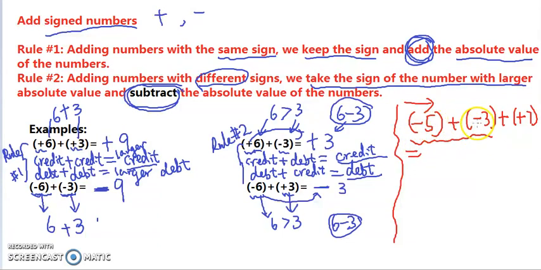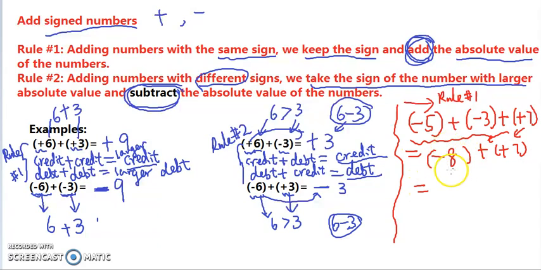and because they have the same sign, I'm going to use rule number 1, which says same sign, we're going to keep the sign minus and add 5 and 3, that's 8. So we get negative 8 plus, we're gonna copy the second operation plus, and the third number positive 7.